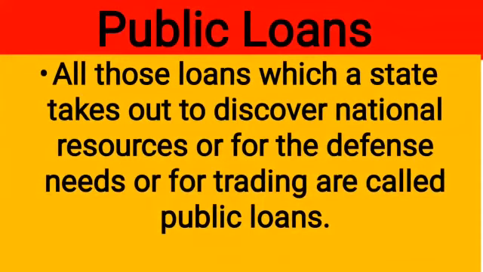Guys, normally a government takes loans to meet the budget deficit as well as to handle emergencies like war, earthquake, floods, etc. Nowadays, we are suffering through Corona. So, guys, we are also getting some funds from foreign countries to handle this disaster.